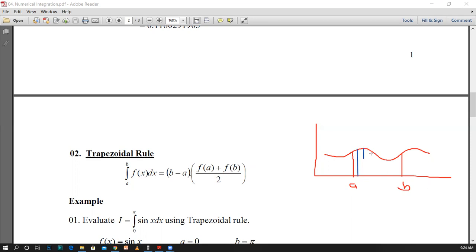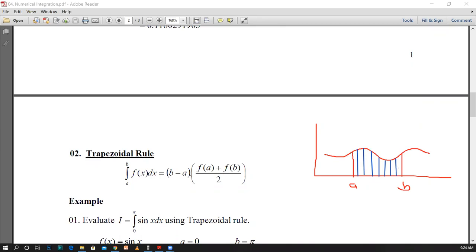Therefore, if you divide this into n number of very small parts, having equal distance between any two lines here, it means that the perpendicular distance of this should be the same.